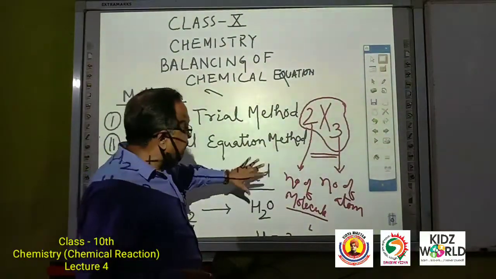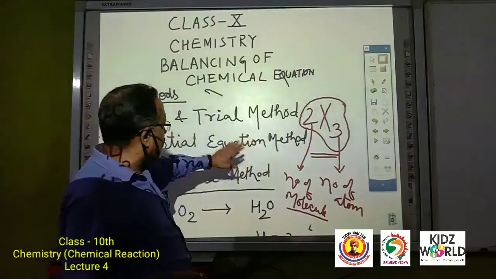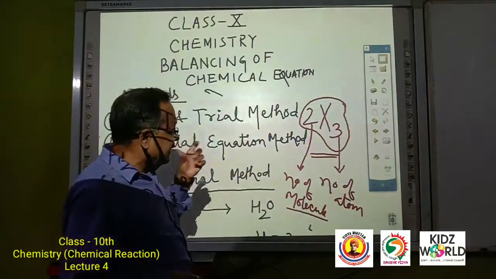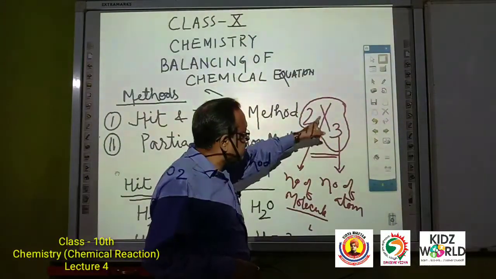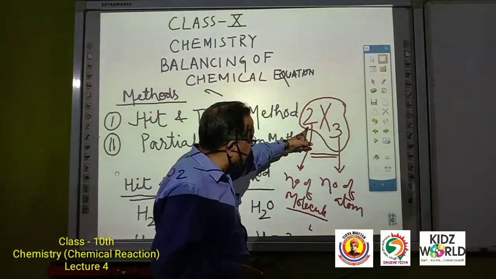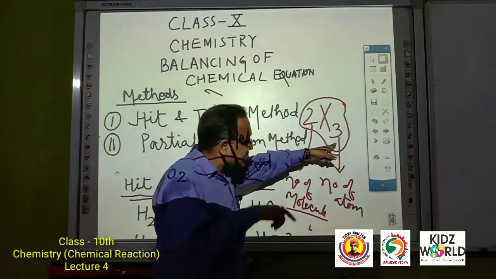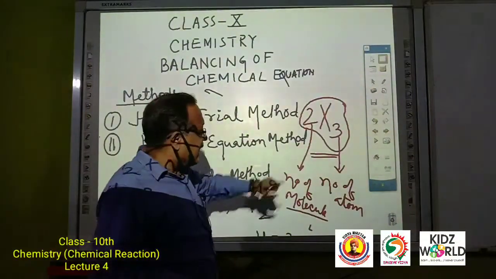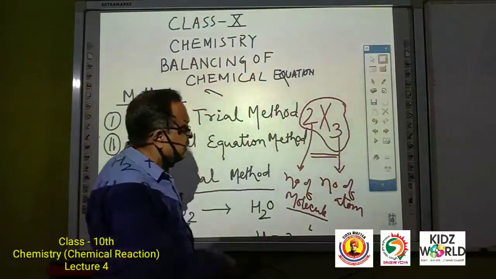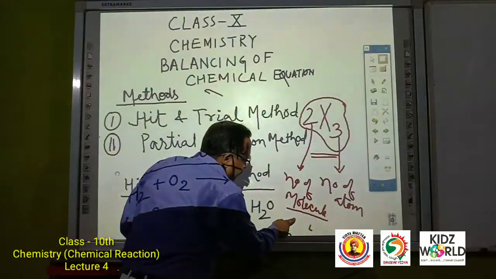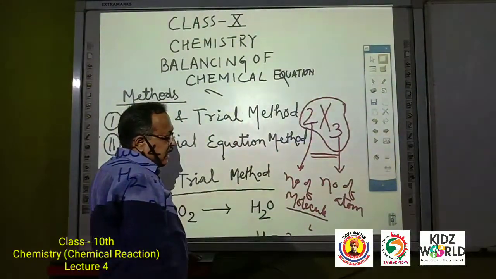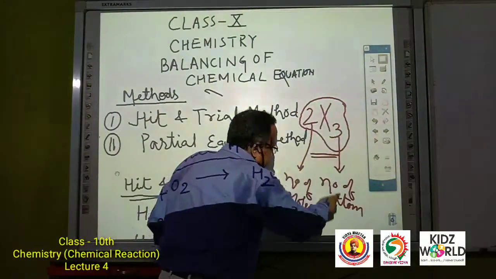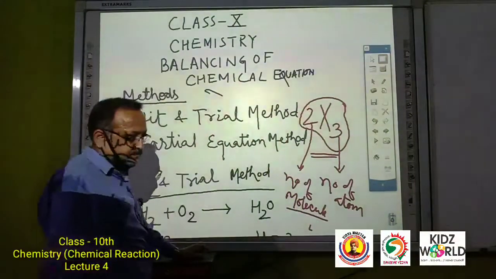The first basic point for the hit and trial method is this: here I have written X, here I have written the number 2, here on the bottom right corner I have written 3, and here I have written 2. This 2 represents the number of molecules, and this 3 represents the number of atoms.